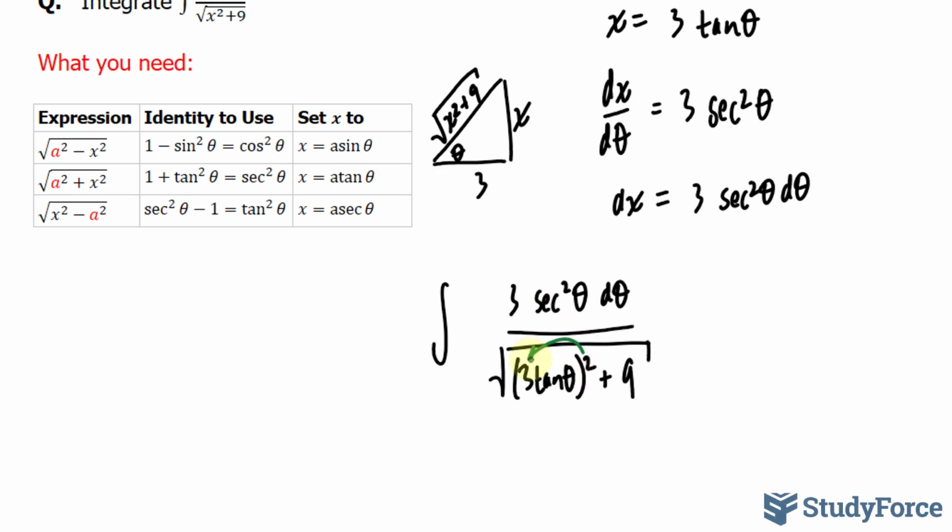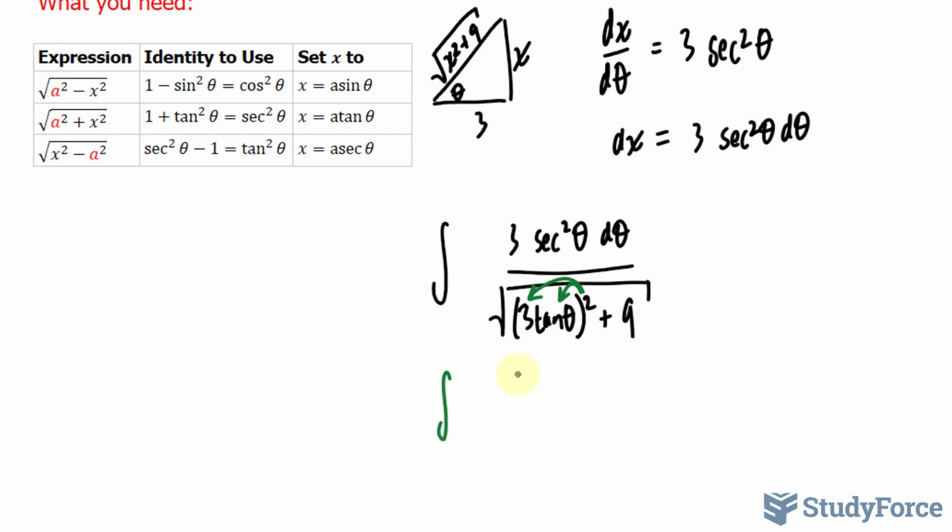Multiplying this 3 squared into these two components gives us the following: the integral of, once again, 3 secant squared theta d theta over the square root of 9 tangent squared theta plus 9.